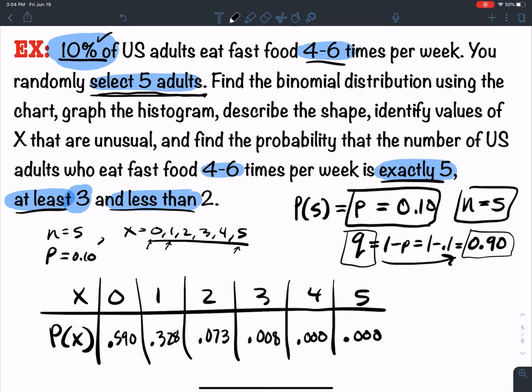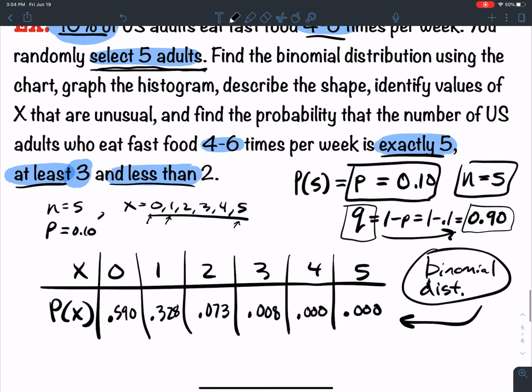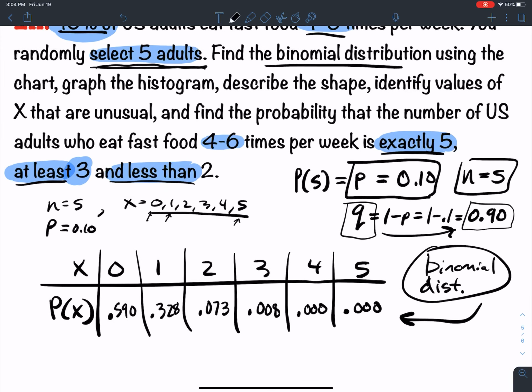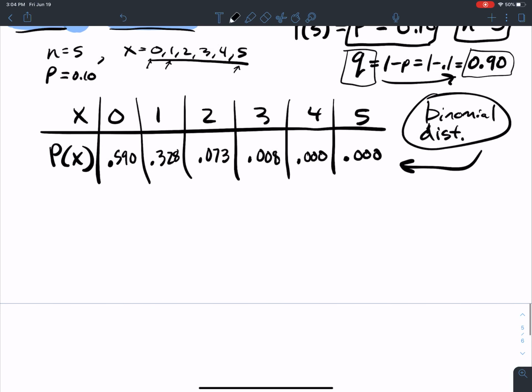Okay, so this is my binomial distribution. Right here, I've got the distribution. So find the binomial distribution. When I see find, that's what I want to do, right? I want to graph the histogram. So I'm going to take this and I'm going to graph it.